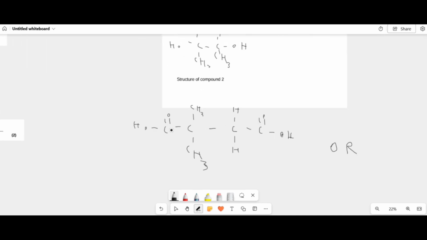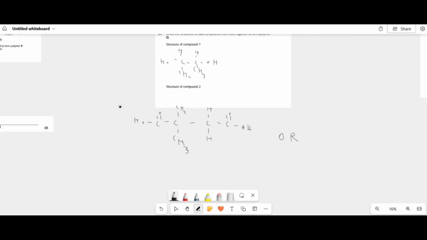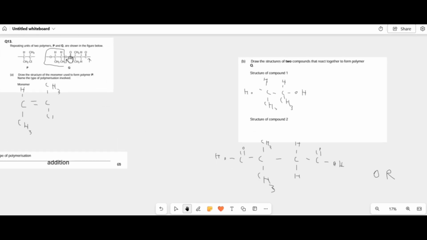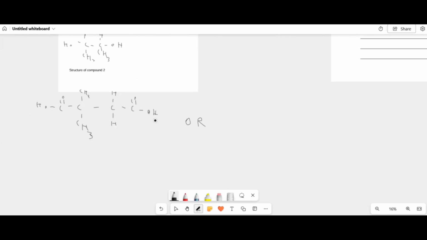I could also just write that as an acyl chloride as well. I could write that as acyl chloride here with Cl at the end. It's going to react with hydrogen here to make HCl and form another ester link there, like the COO. So I can just draw the same thing, but instead of OH, it's just Cl. It's an acyl chloride.